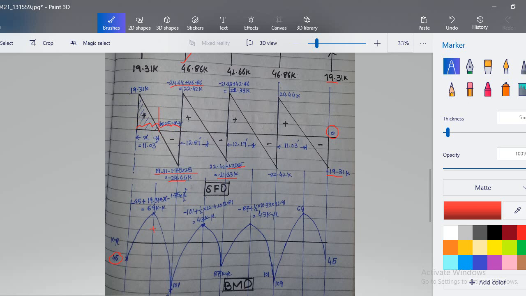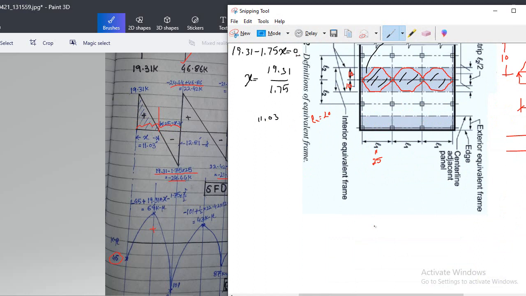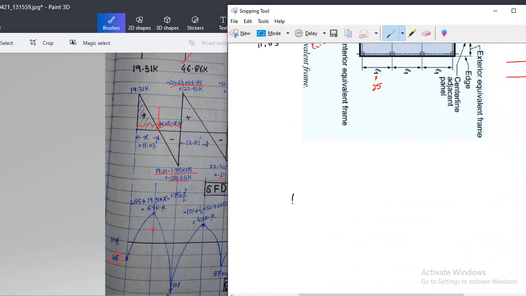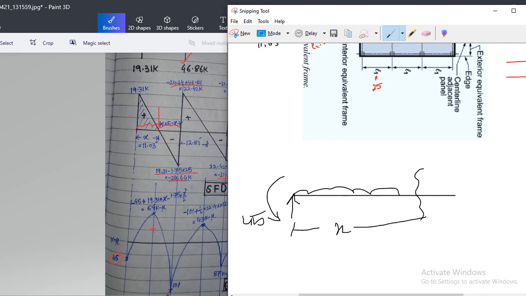So let me draw here. Let us see this calculation. We have a moment right here, 45. Clear? And this is my section. Let's say my section is this point, so the distance is x. And we have a UDL loading, that is 1.75.